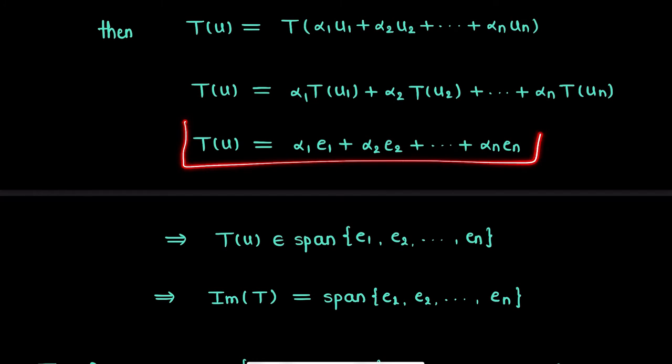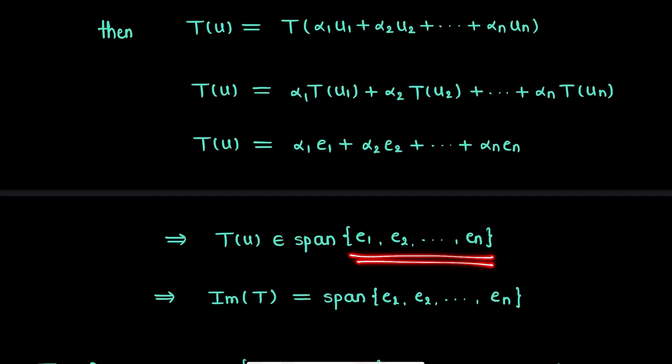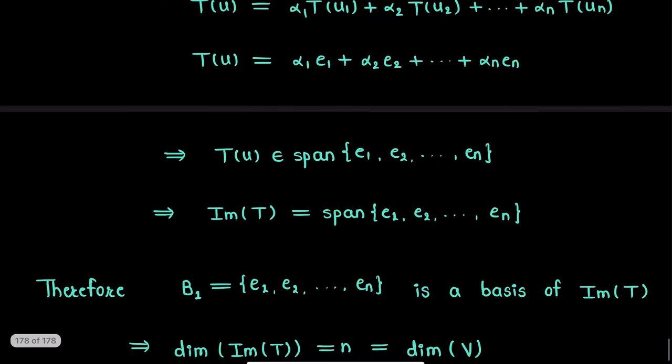Therefore we can conclude that the vector T of u belongs to the span of these n vectors e1, e2 up to en. Now since T of u is any arbitrary vector in image T, we can conclude that image T is the span of these n vectors e1, e2 up to en.